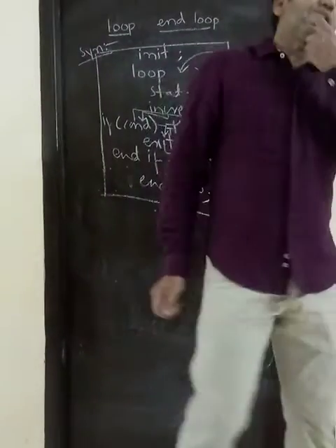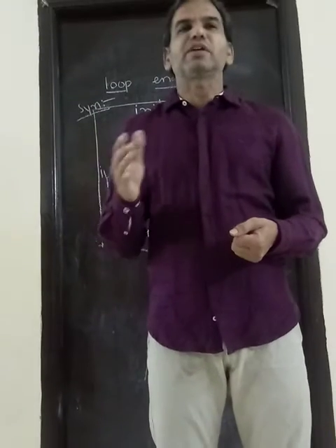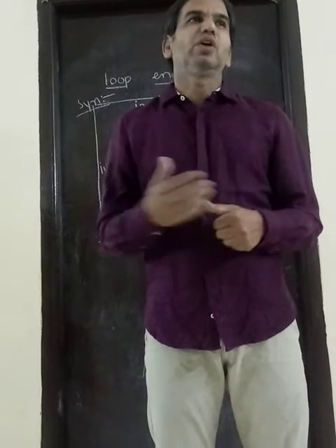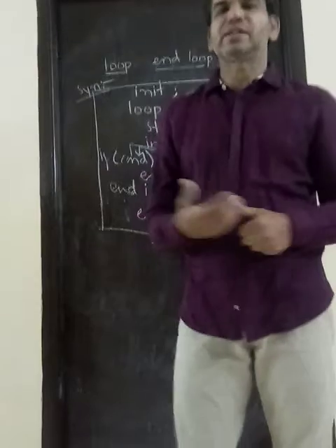And here we will see displaying all natural numbers from 1 to a given number using loop and end loop. So how will we see.